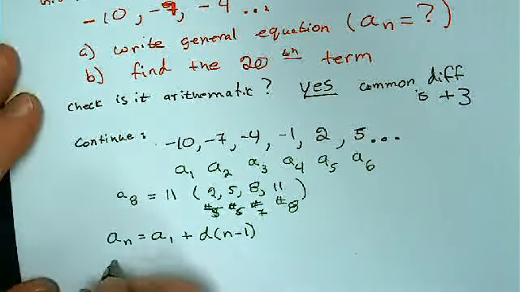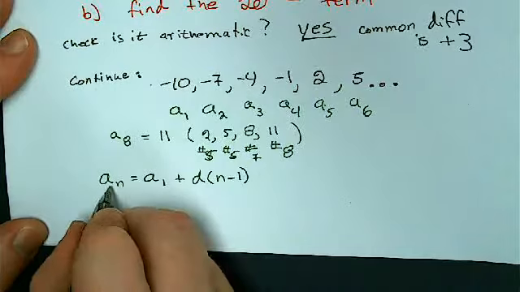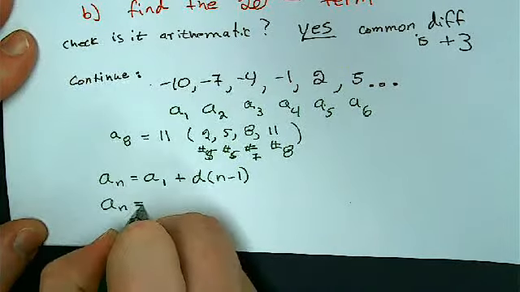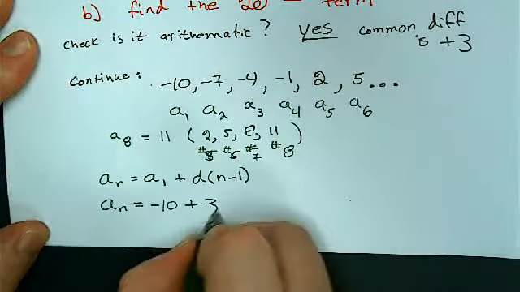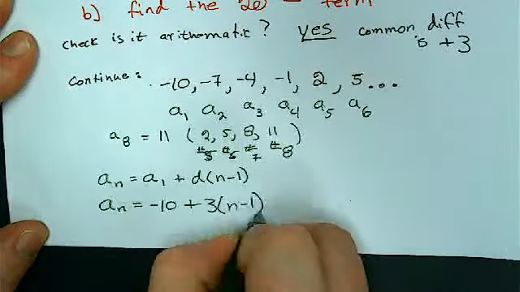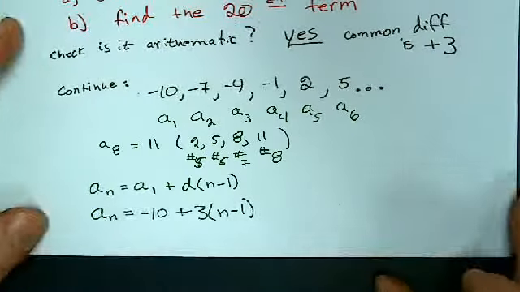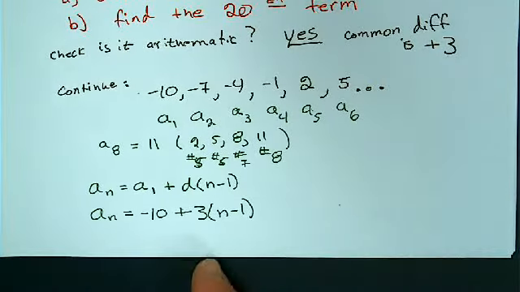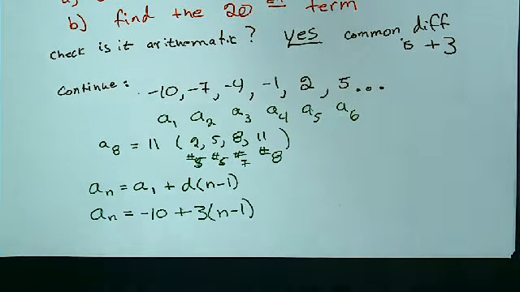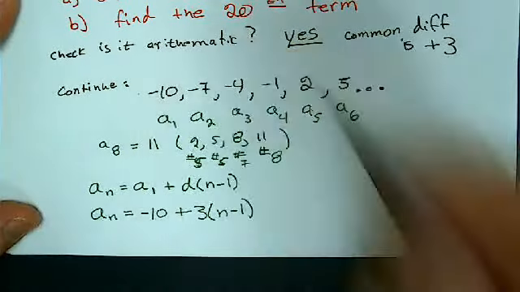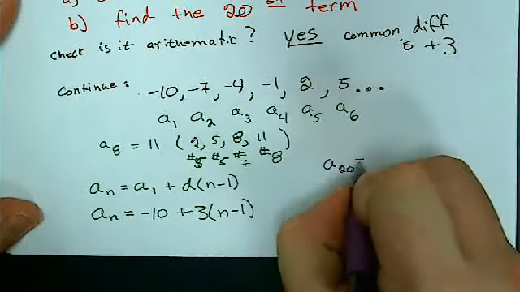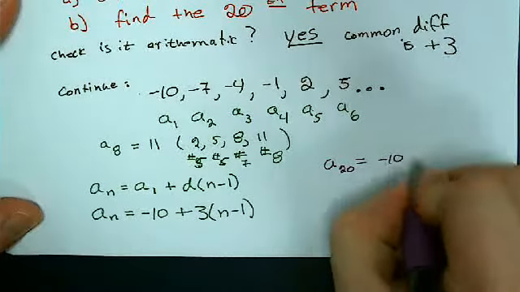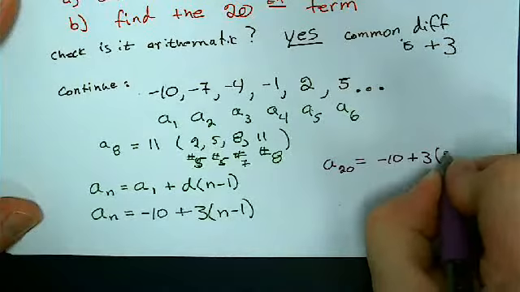So let's plug in my knowns. The nth term, some term down the line, is going to be negative 10 plus my common difference of 3 times n minus 1. Now I can use that formula to kick out any term I want, no matter how far down the line it has to be. So if I want the 20th term, a sub 20, that's going to be negative 10 plus 3 times 20 minus 1.